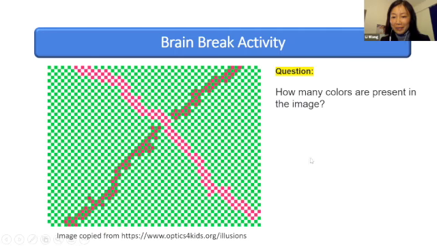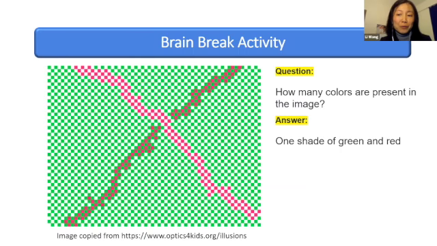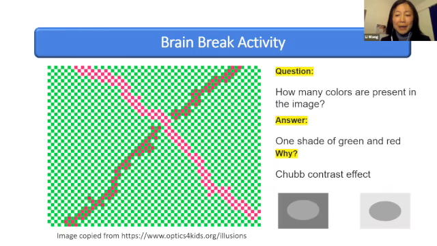Okay. So the answer is, if we don't consider white as a color, we only have one shade of green and a red. So here's why. This is called the sharp contrast effect. If you Google it, you probably know what it is, or you probably already know. And this is the same example.